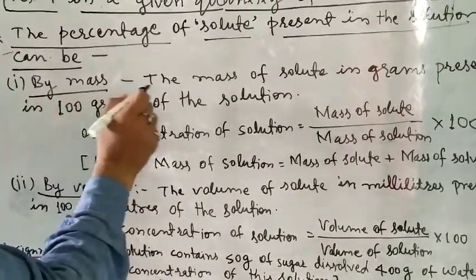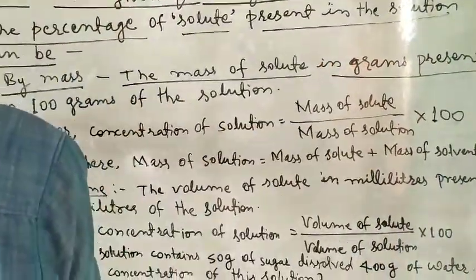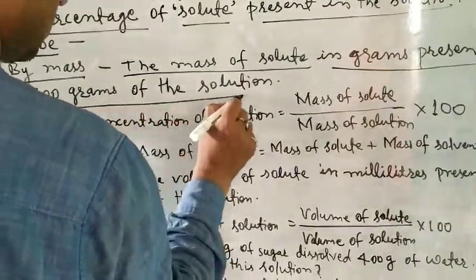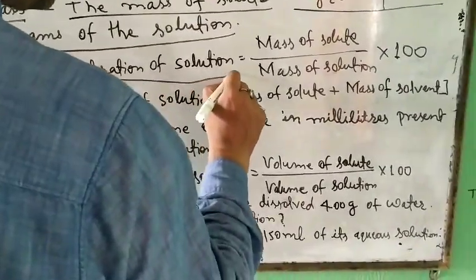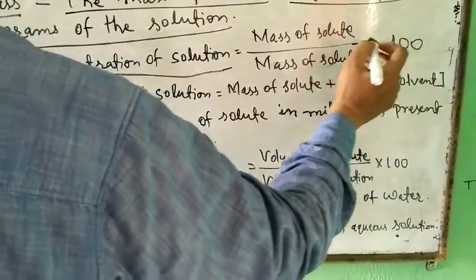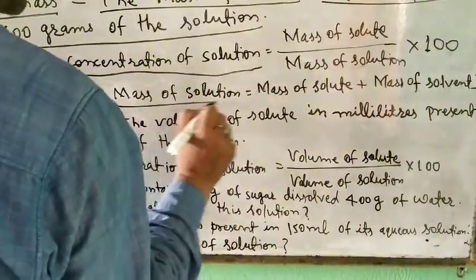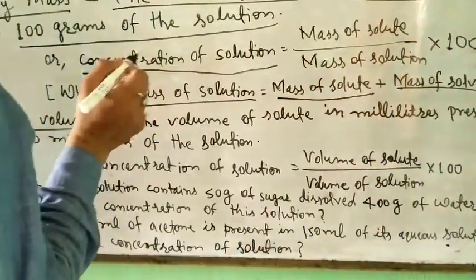First, by mass: the mass of solute in grams present in 100 grams of the solution. Concentration of solution is equal to mass of solute by mass of solution into 100, where mass of solution is equal to mass of solute plus mass of solvent.